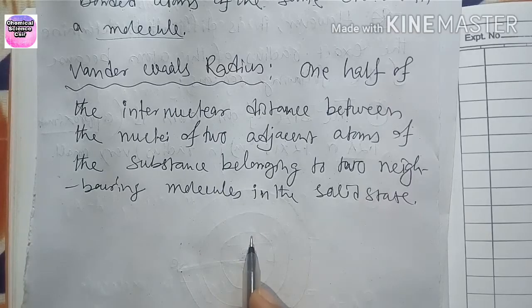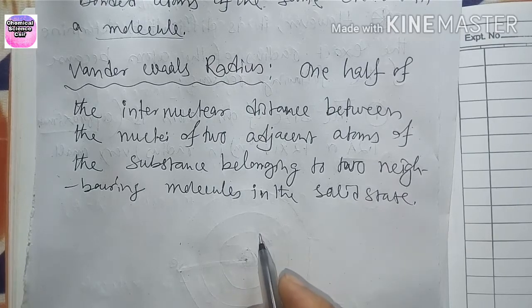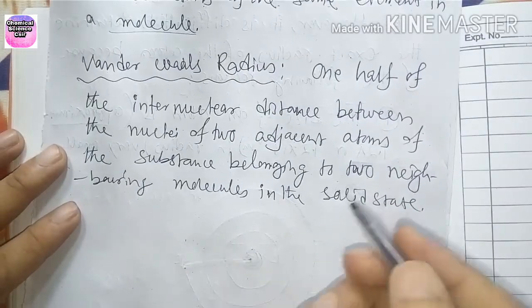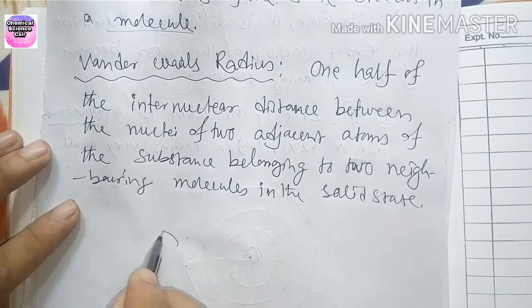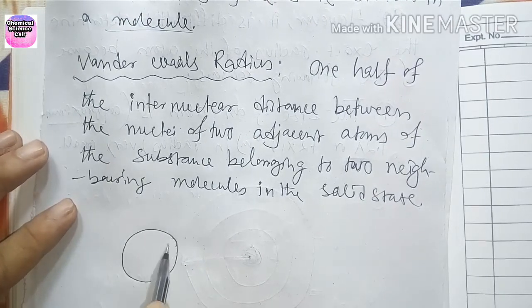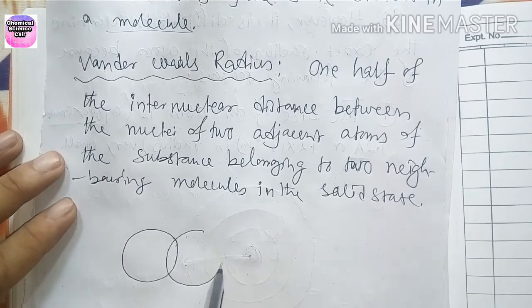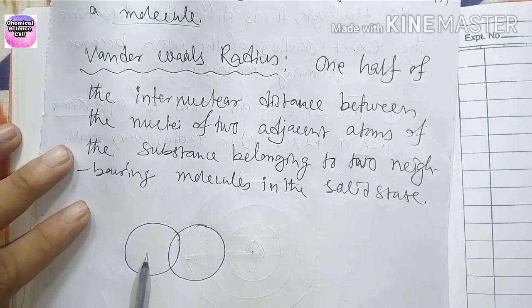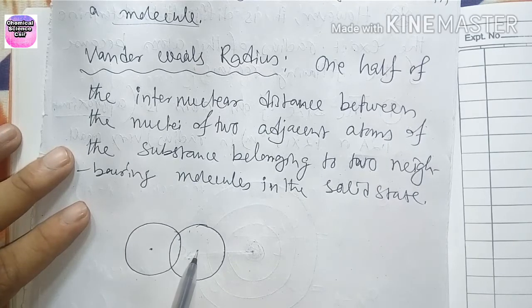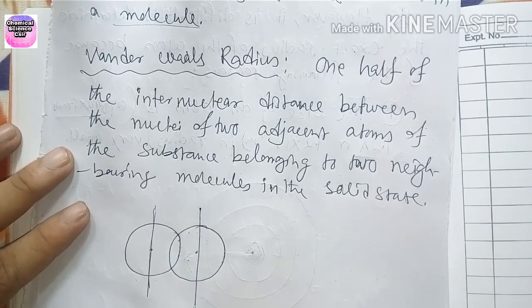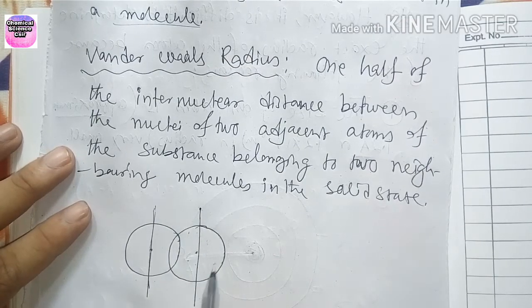Now I will draw a picture of covalent radius. Suppose this is one atom and this is another atom. This is the nucleus, and this is also a nucleus. You can draw one line here, and also one line there.